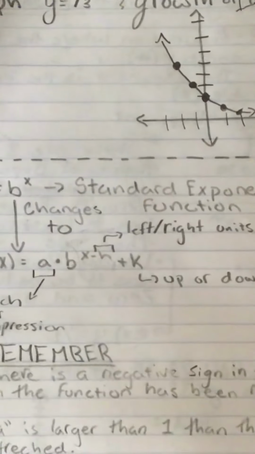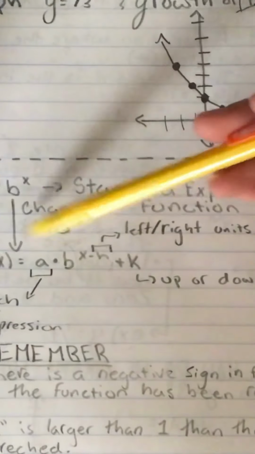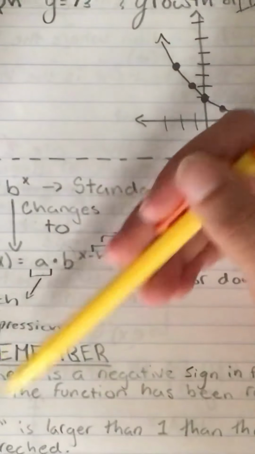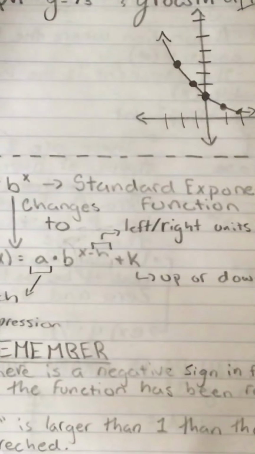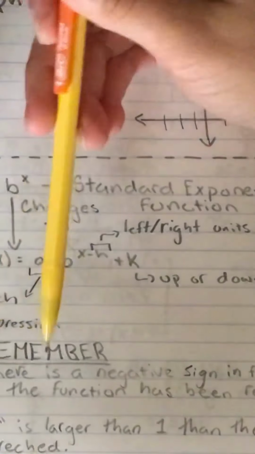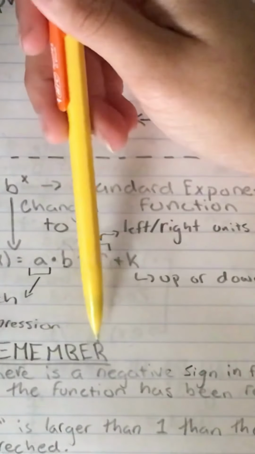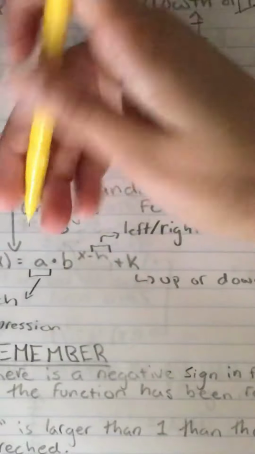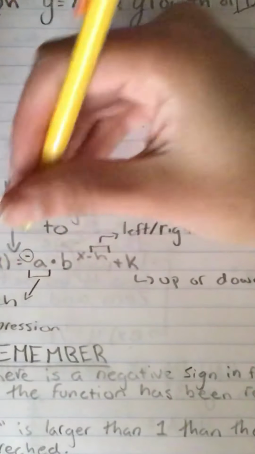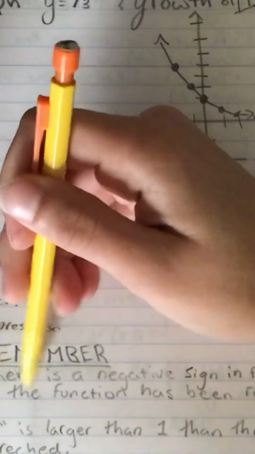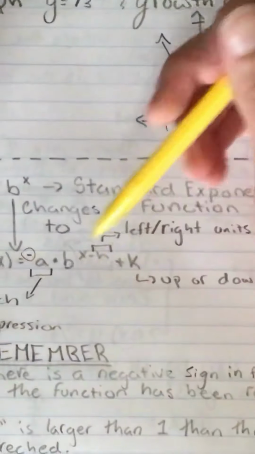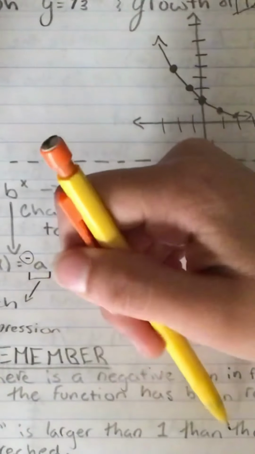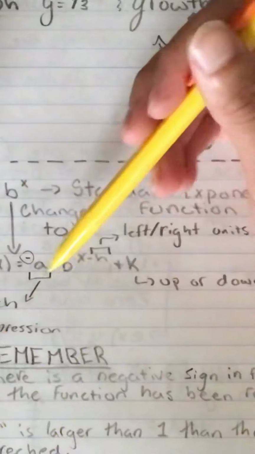We have to remember that for when we have these, that these are some rules to follow when graphing and their characteristics. So if there's a negative sign right there in front, then the function would be reflected. If a is larger than 1, then the function is stretched.